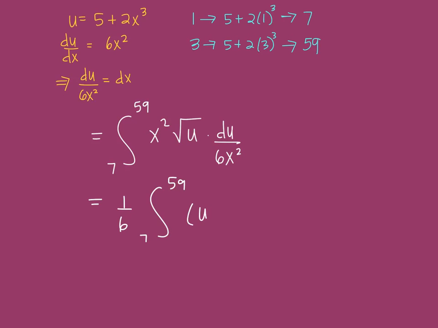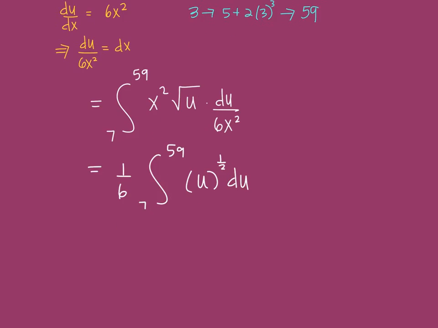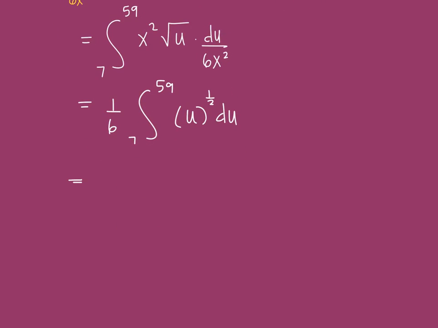And I'm going to write this as u to the half du, because for me, my brain just likes to see the half. All right, the antiderivative of u to the half is u to the 3/2 times the 2/3 plus the constant c, and we're going from 7 to 59.